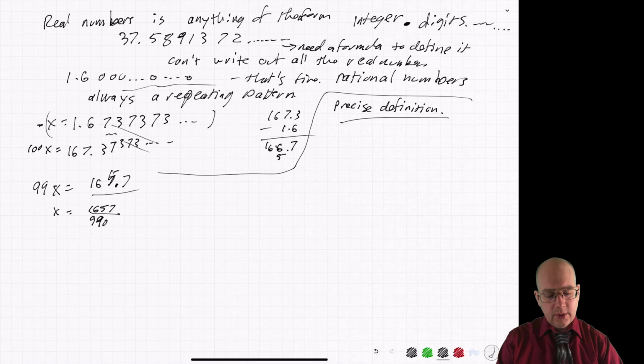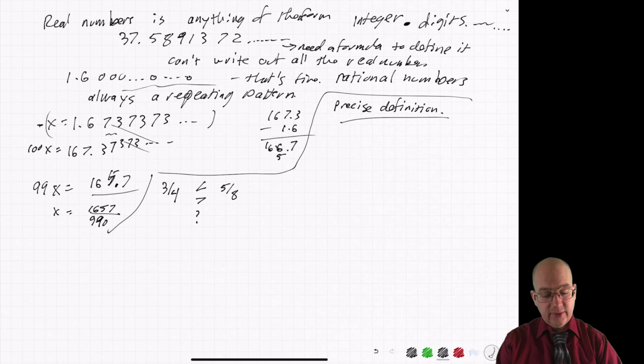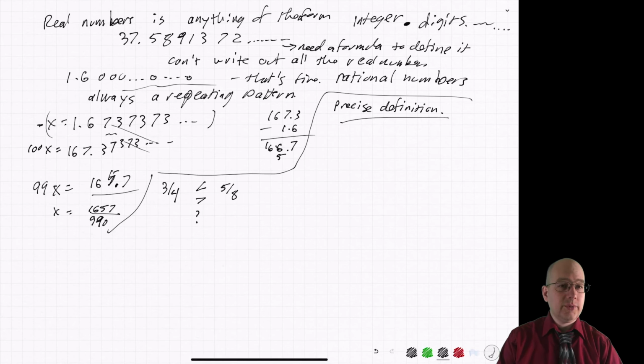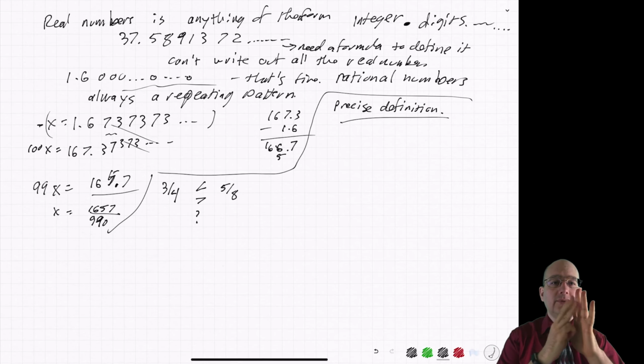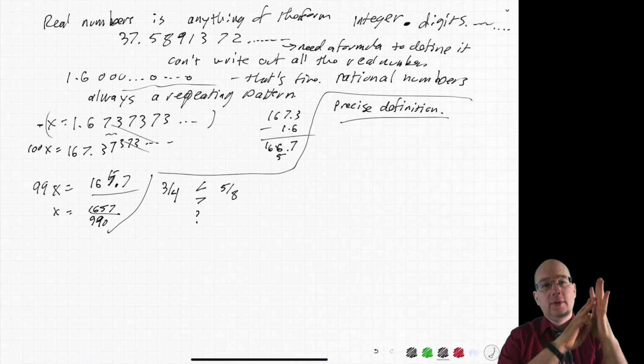So just before we get to that precise definition, is 3/4 less than or greater than 5/8? Just do this warm up. So 3 is less than 5 because I can map this 3 into these digits, and then I have 2 left over, right?